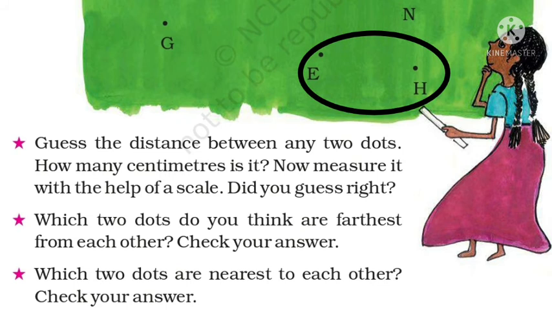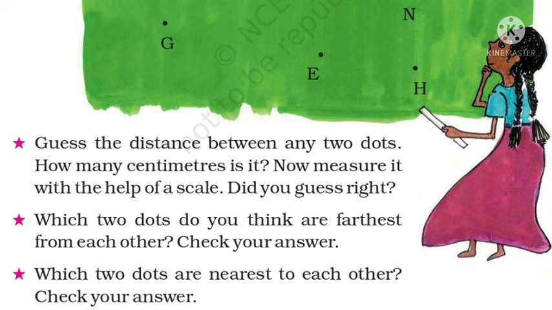Understood? Let me take it for granted that you all know how to measure the length or the distance between the points with the help of a scale because you have learned the same in your third standard. Okay? But still, let me remind you about the important things that you have to pay attention to while measuring something with the help of a scale.